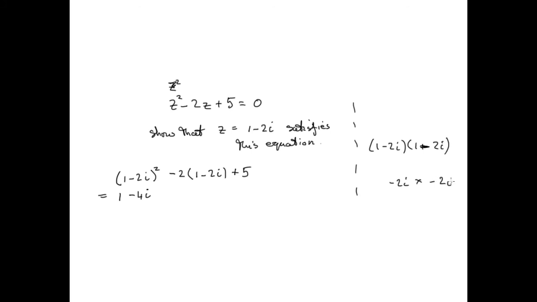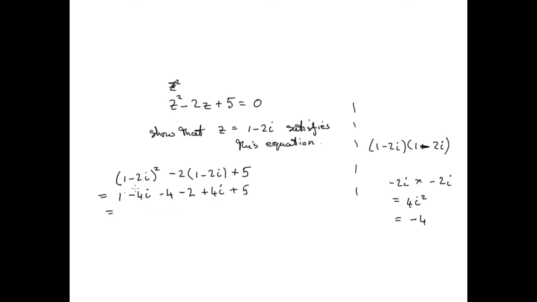Well, negative times negative gives me positive. 2i times 2i is 4i squared. So we get positive 4i squared. However, i squared is negative 1. 4 times negative 1 is negative 4. Getting rid of brackets, minus 2 plus 4i. And then we've got 5 to add.